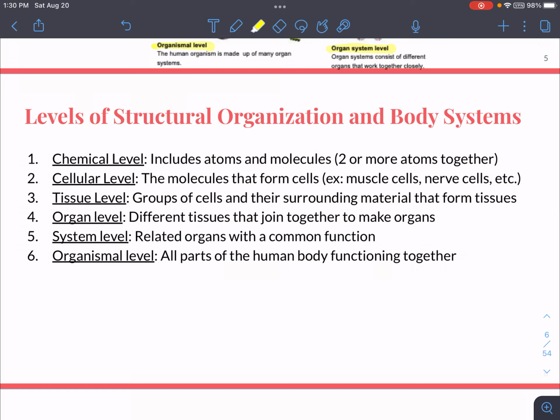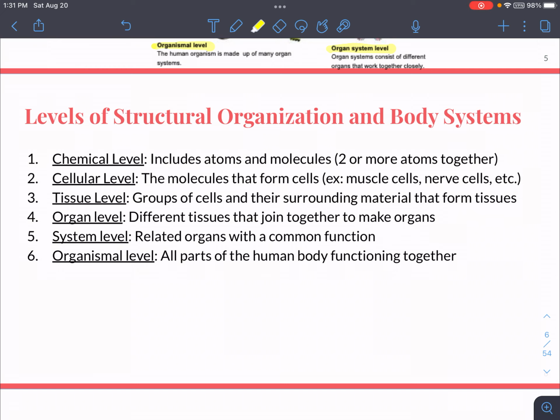Your skin is all cells. We have the tissue level, or the groups of cells and their surrounding material that form the tissues. Like your muscles, all your muscles are lots of cells put together to make, say, your biceps that lets you bend and straighten your arm.